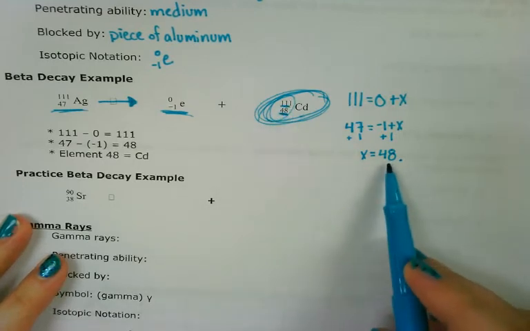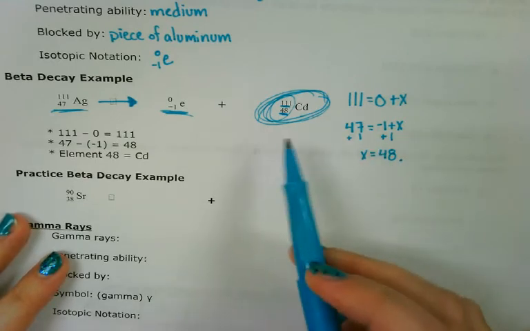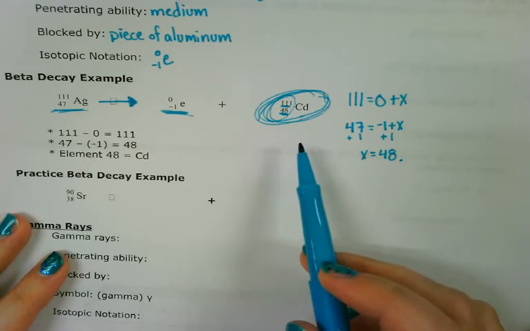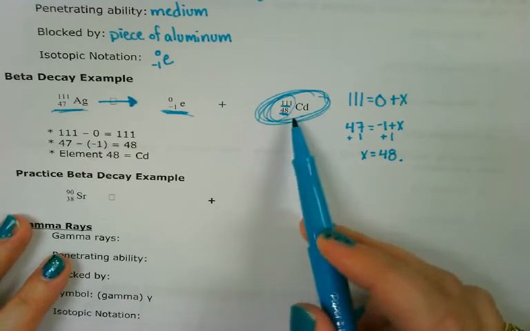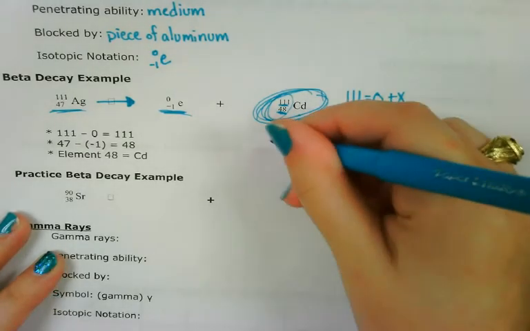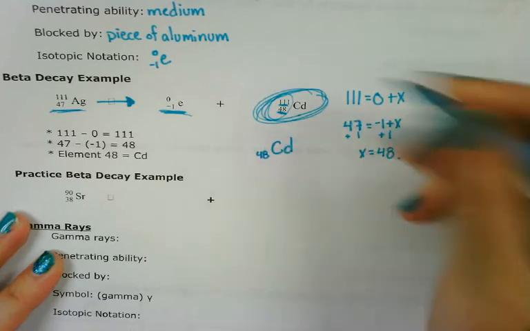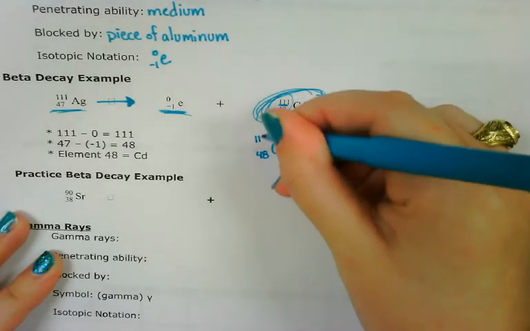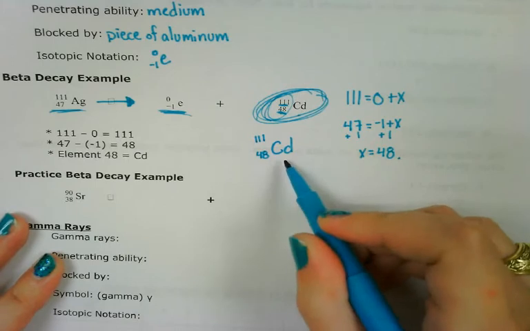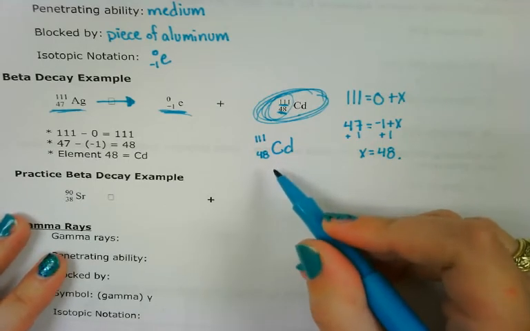So now 48, we will look at our periodic table, which is Cd, cadmium, which we already knew because it was right there, but we're going to pretend like we didn't. So now we know that our atomic number is 48, our mass is 111, and our element is cadmium. And look at that. Great job.